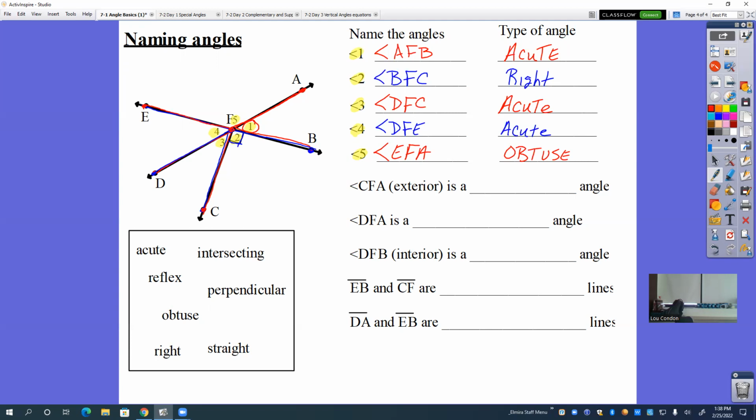And now they give us the angle measures and they want us to tell which type of angle it is once again. Notice here that they say angle CFA, but they want the exterior part of it. We said on the previous slide, exterior means the outside of it.